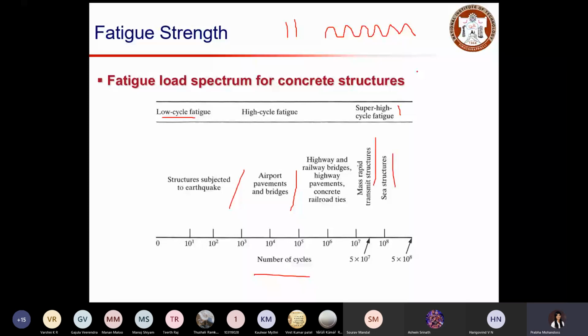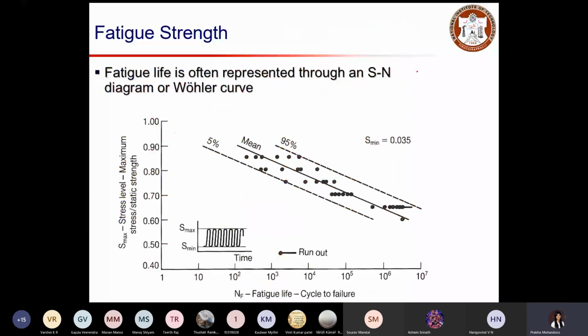The fatigue life is often represented using a plot called the SN curve. The SN curve gives the relationship between the stress level, that is the maximum stress, and the fatigue life, the number of cycles. S max is the ratio of the maximum stress to the static strength.